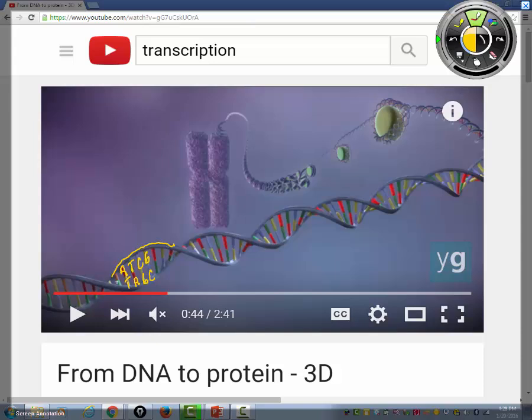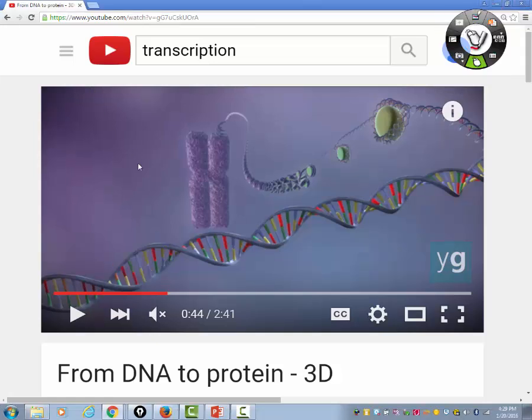And remember, only one side of the ladder tells the cell how to put together the amino acids to make the protein. The other side is simply garbage. It's there to keep it stable. So in order for the cell to get the recipe to make a protein, you have to break the bonds between those 2 chains.